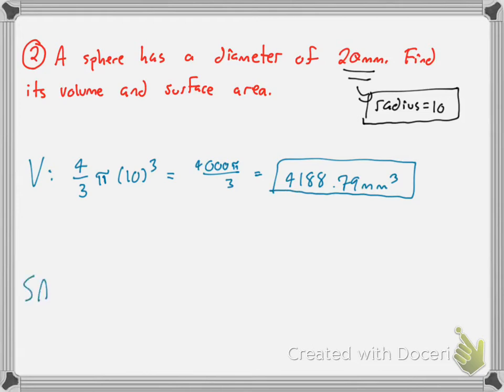And to find the surface area, I'm going to do 4 pi 10 squared, and I'll get 400 pi, which is equivalent to 1,256.64 millimeters squared.